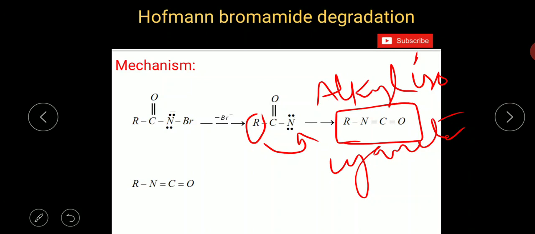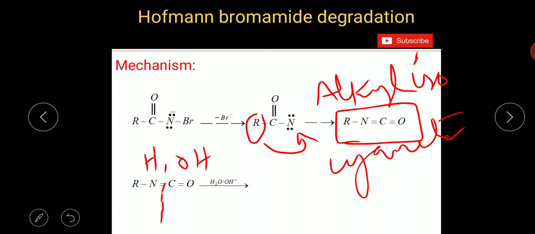This alkyl isocyanate is formed in aqueous solution of alkali. So water from that alkali reacts with this alkyl isocyanate. This bond between nitrogen and carbon will be broken. Hydrogen atom will be bonded to nitrogen and OH group will be bonded to carbon.